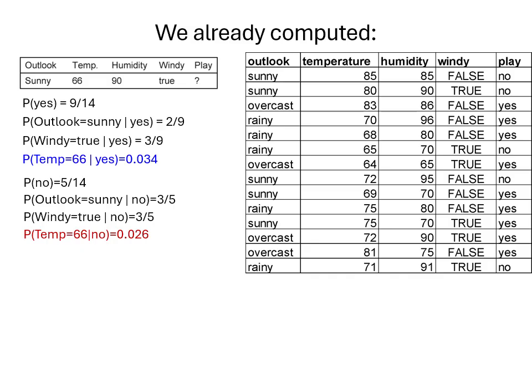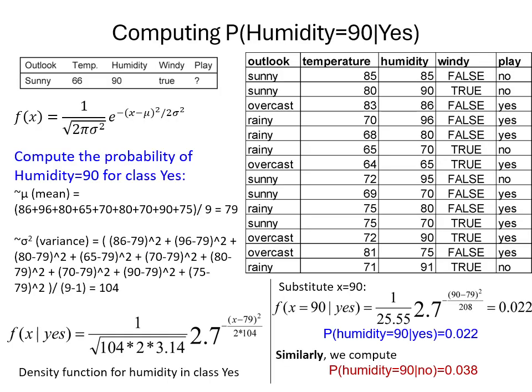In the previous slides, we already computed the probabilities for discrete attributes and also the probability of observing temperature 66 given class yes and given class no.